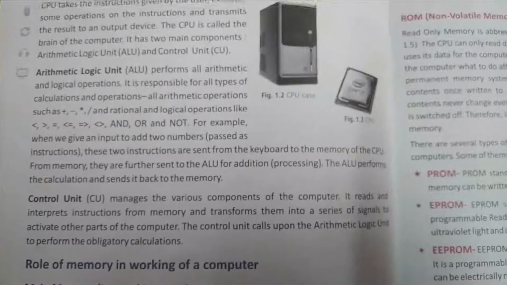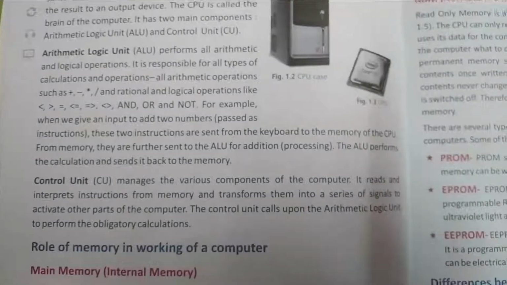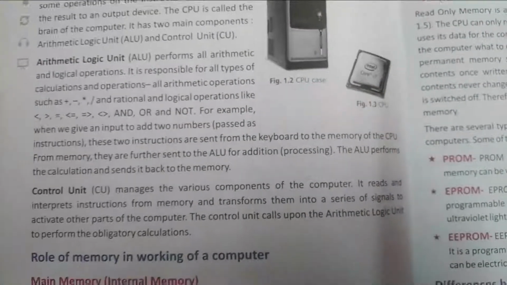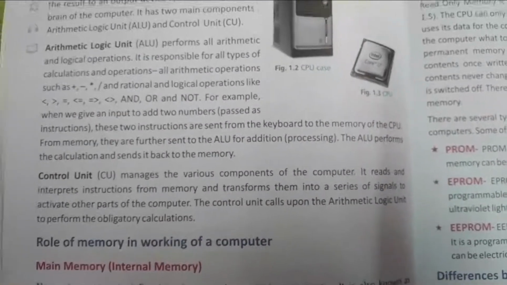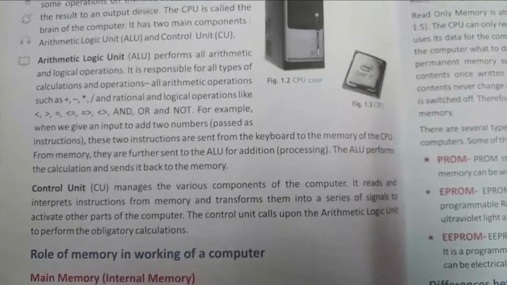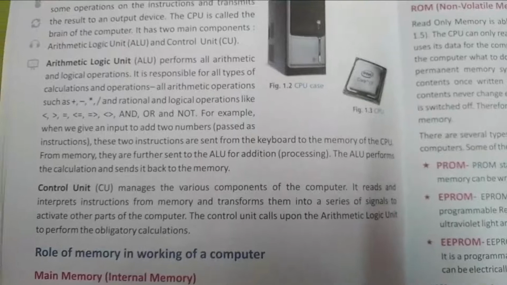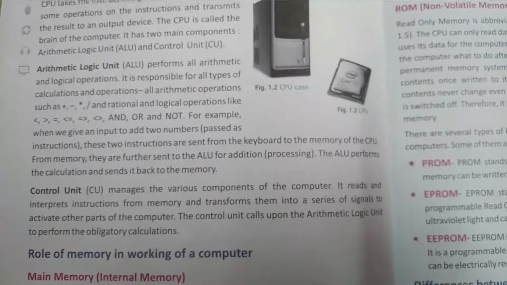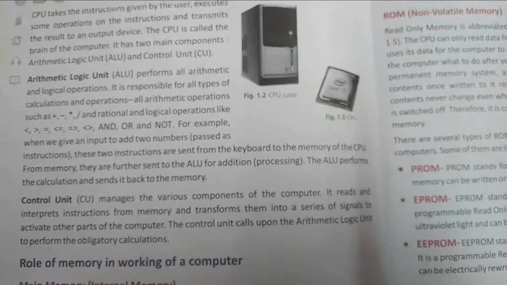See, in an office we can find different departments, is it not? Every department has its own work. In the same way, in the CPU we can find two major departments, so that we can understand it very easily. So two main components, that is called departments.